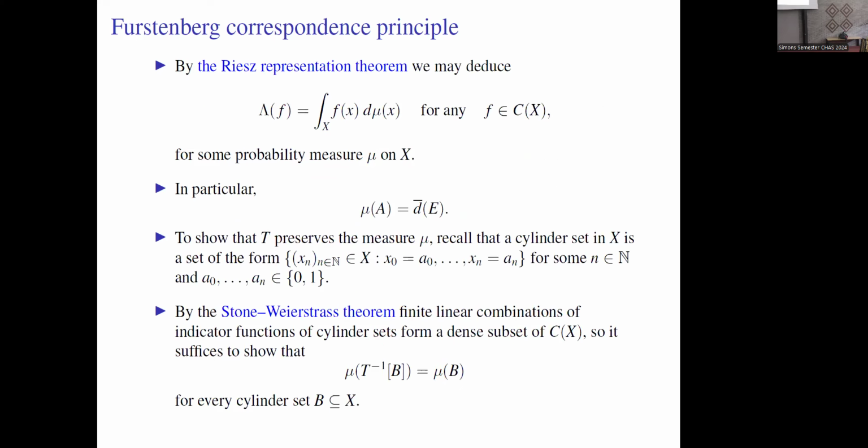By the Riesz representation theorem, we then have a Borel probability measure with this property. In fact, this is what we are looking for. This verifies that the measure of this set is equal to the density of E, and that's the first property that we need.